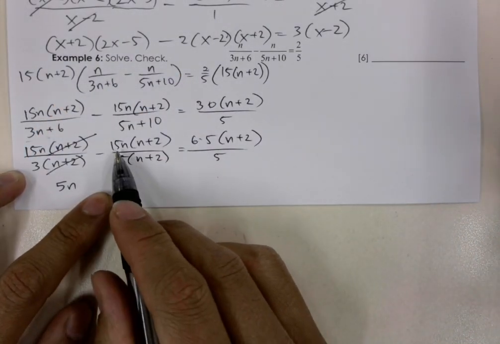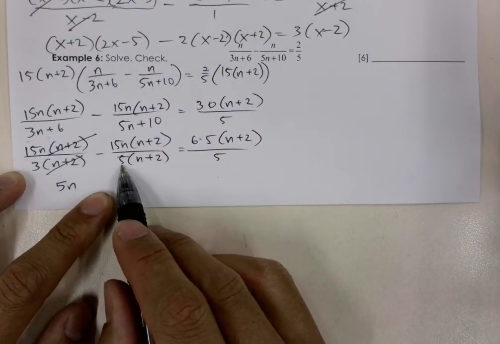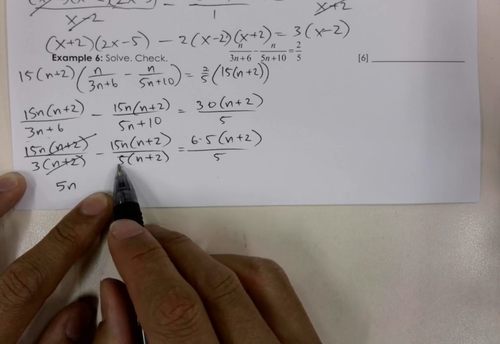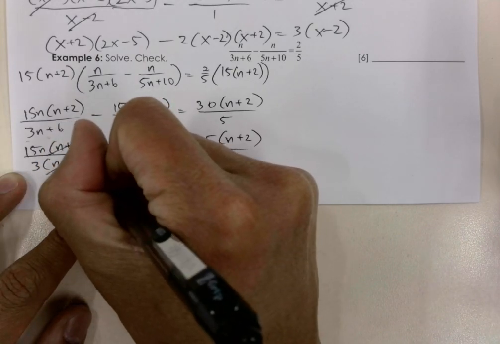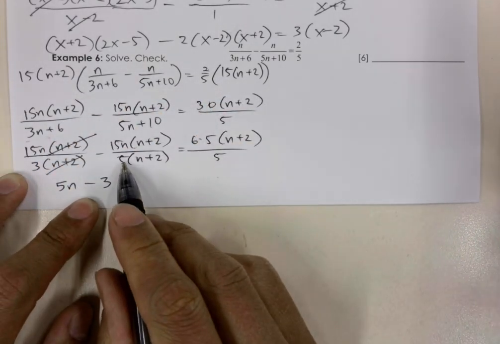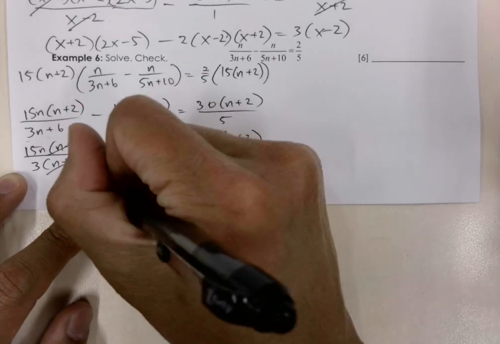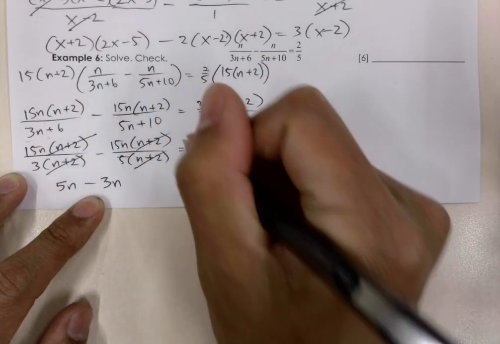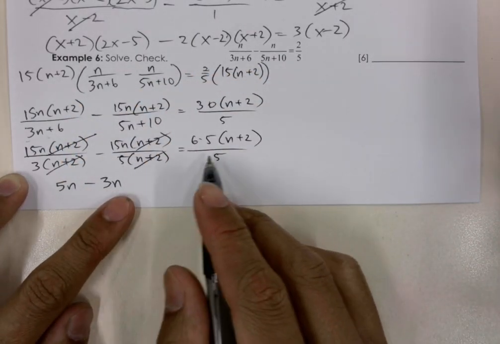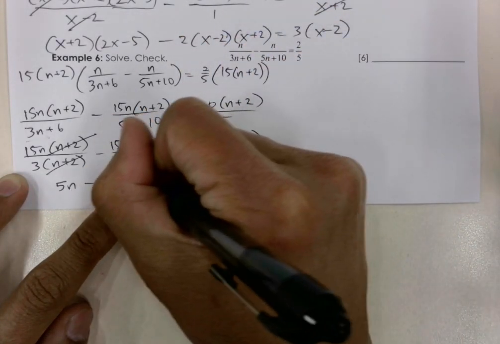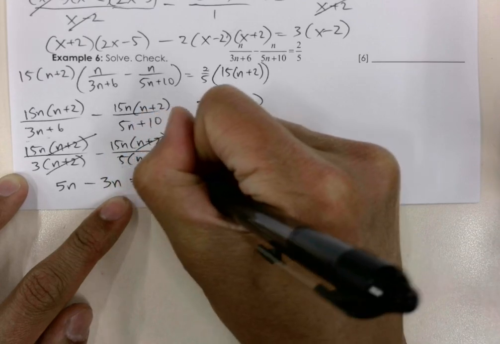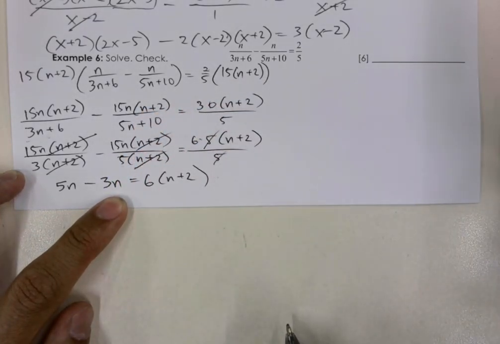Now the second term, we have a 5 and a 15 and a 5, so the greatest common factor is 5, so I could divide 15 by 5, that's going to be 3. And the 5 in the denominator goes away, right? So it's 3n, and then the n plus 2's cancel out. And now over here, what can I cancel out? It's the 5's, right? So then it's going to equal to 6 times n plus 2, like so.